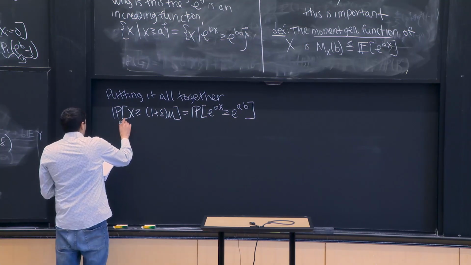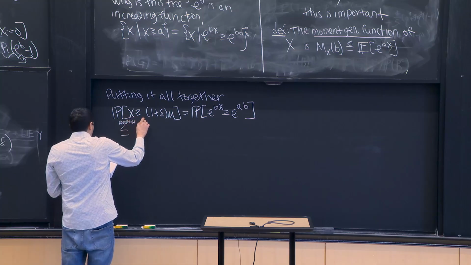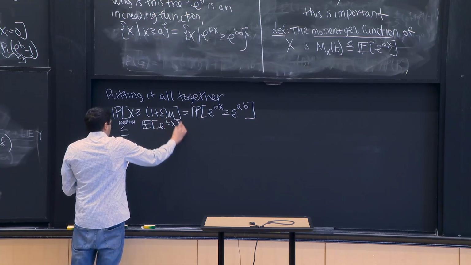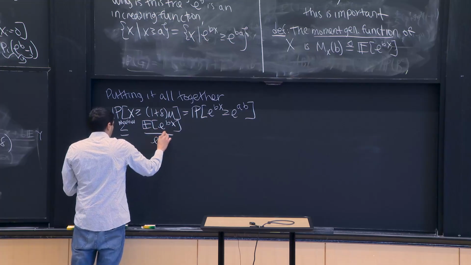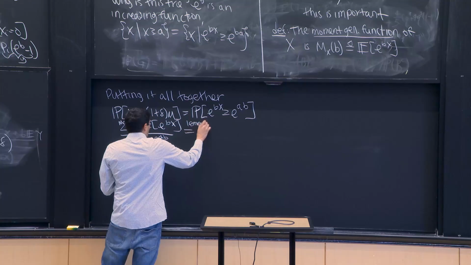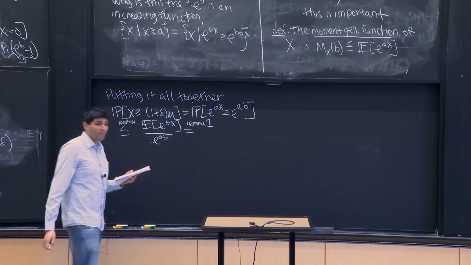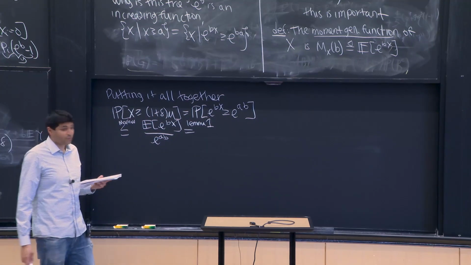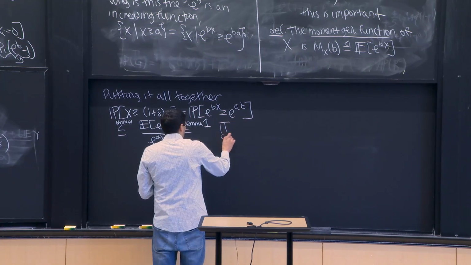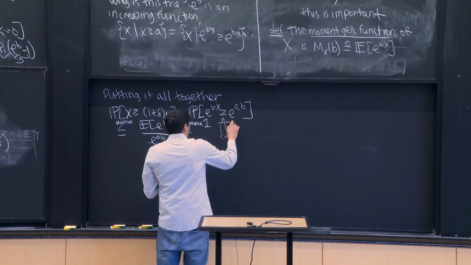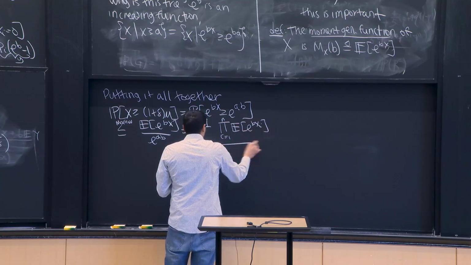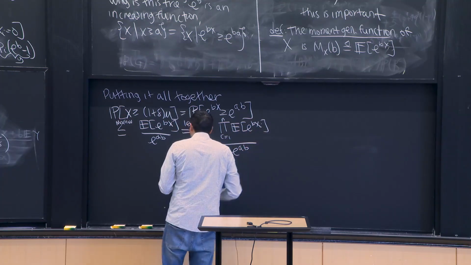We know by Markov that this is at most the expectation of e to the bX over e to the ab. That's where we first saw the moment generating function. Now we can appeal to lemma 1, which told us how to write the moment generating function as the product of the moment generating functions of its constituents. So we get the product from i equals 1 to n of all of these individual moment generating functions, still over this denominator e to the ab.